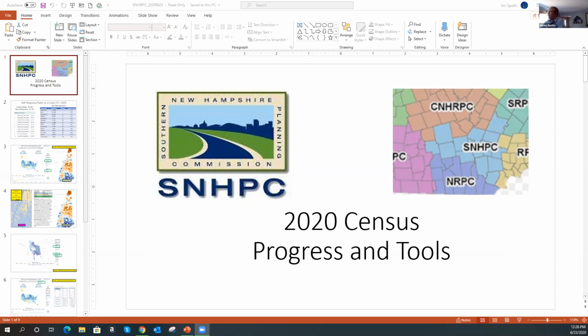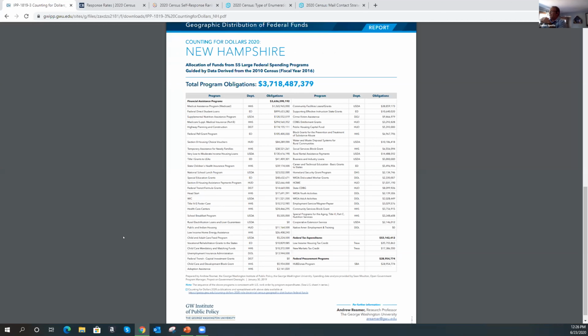We've had some significant speed bumps with the COVID-19 restrictions, and I'll also provide information on some tools that are publicly available that might help you increase the responses to the 2020 census in your municipalities.